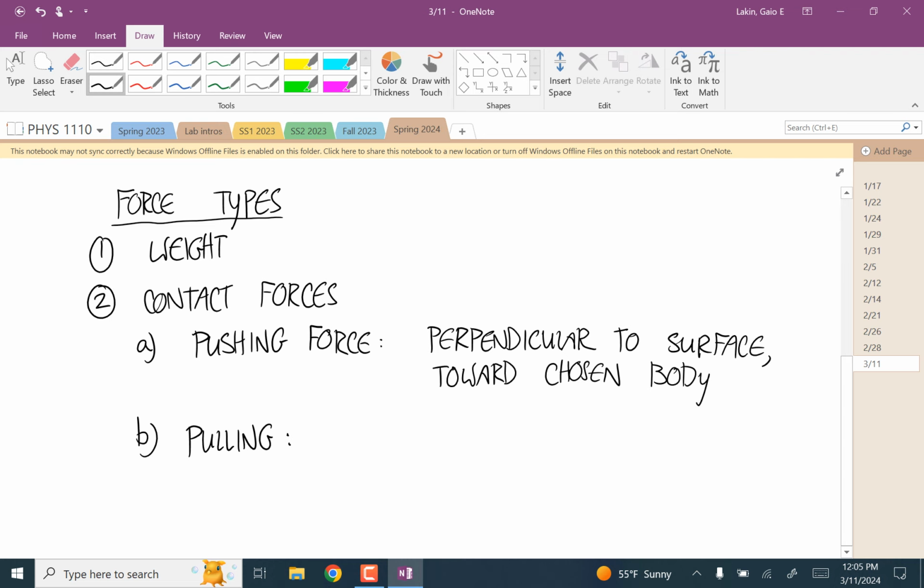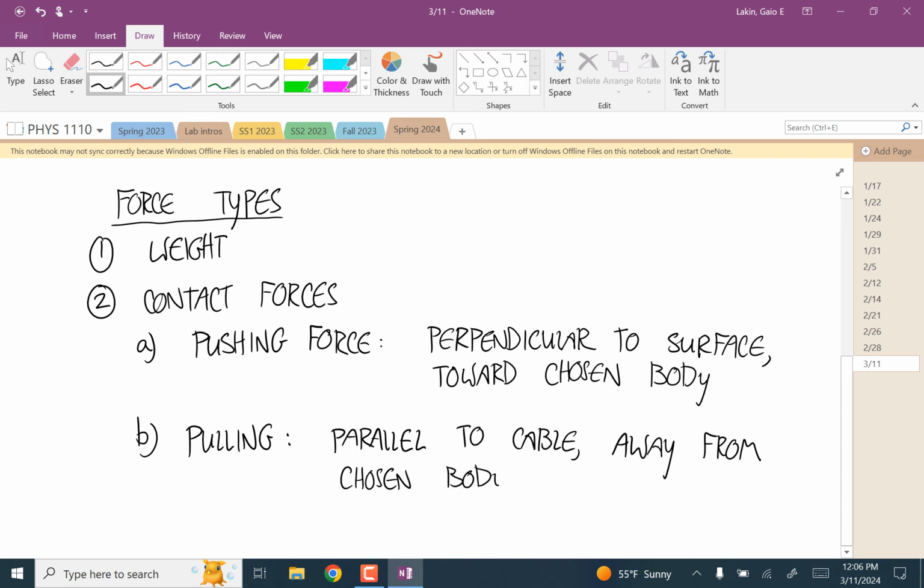And the rule for the direction of this is parallel to the cable, or parallel to how the cable would be positioned if you replaced the contact with a cable, away from the chosen body. The weight force is always just down. That one's easy.